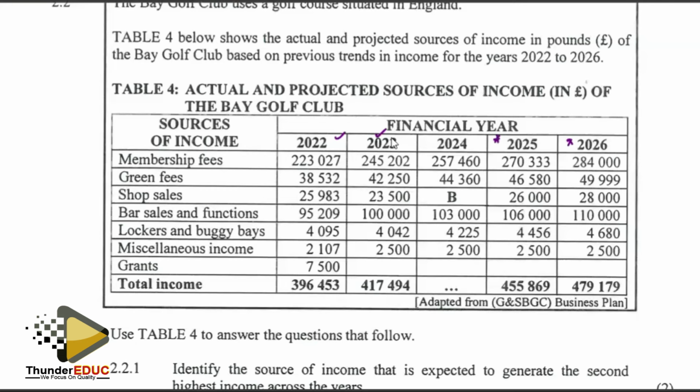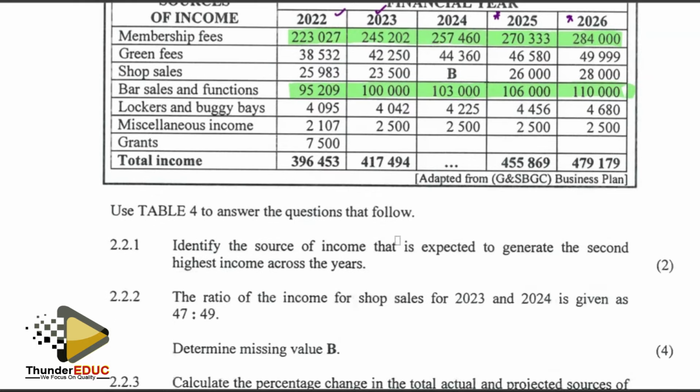The first, this is the first. When you look at these values, they are too big. But then if you go in between, the second is this. They have told you to identify the source of income, not the number, but the source of income, that is expected to generate the second highest income across the year.